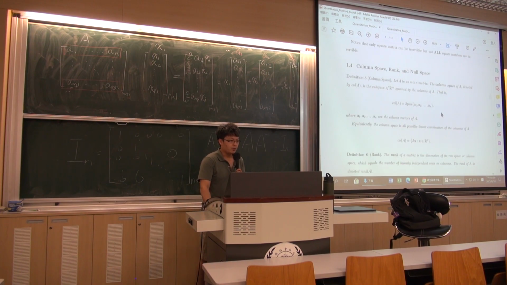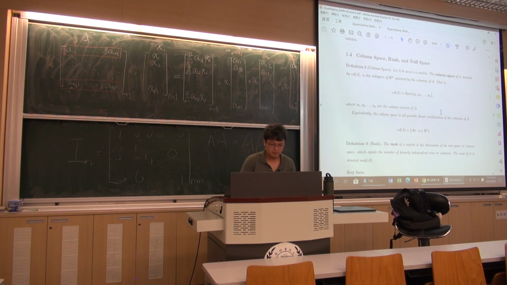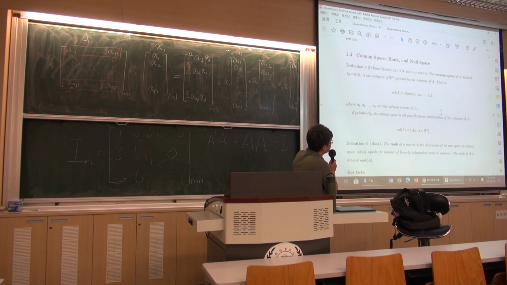Right. Then we are going to cover the column space, rank, and null space. Okay, so if we have a matrix A here, it's an n by n matrix.